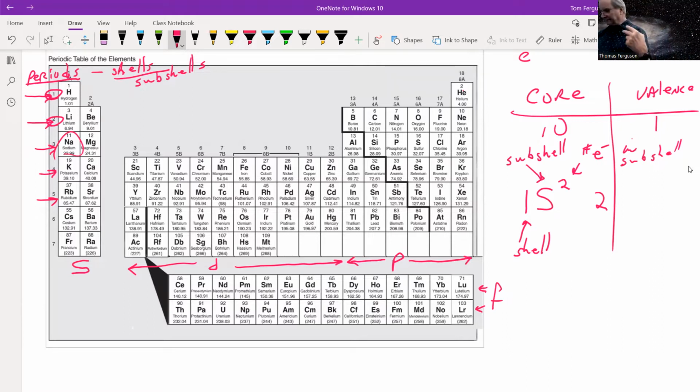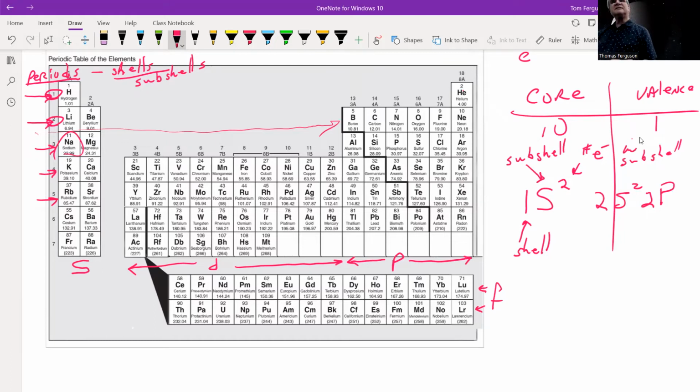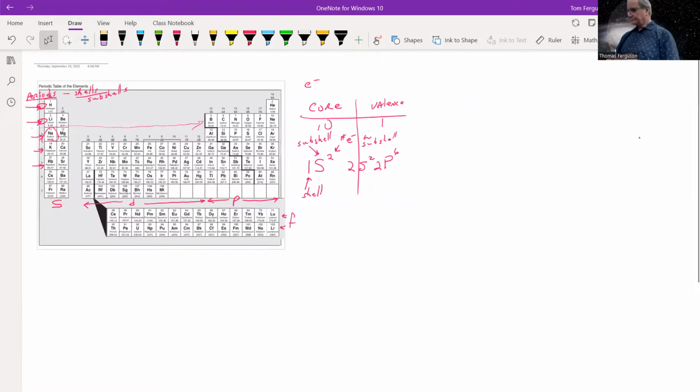Okay, on shell number 2 now. We've got electrons in the S's here, and there are 2 of them. Now, as we go across, we run into the P subshell. That's in shell 2, subshell P, and we have 1, 2, 3, 4, 5, 6 electrons there. Now we're going to go to shell 3, and that's where sodium is located.